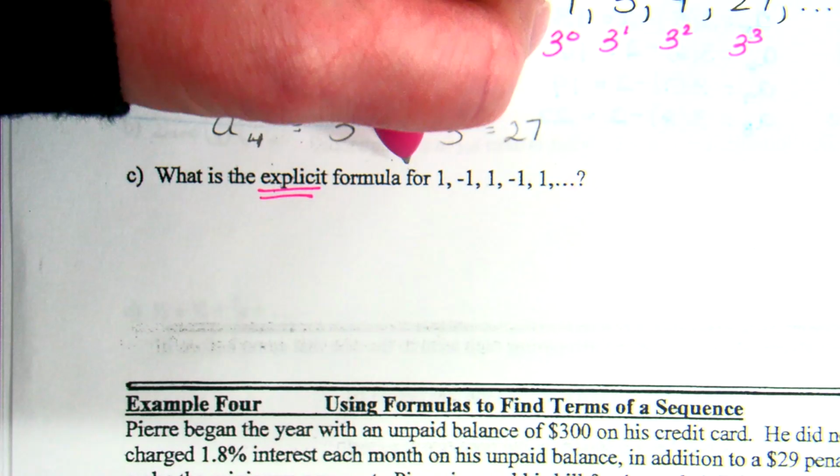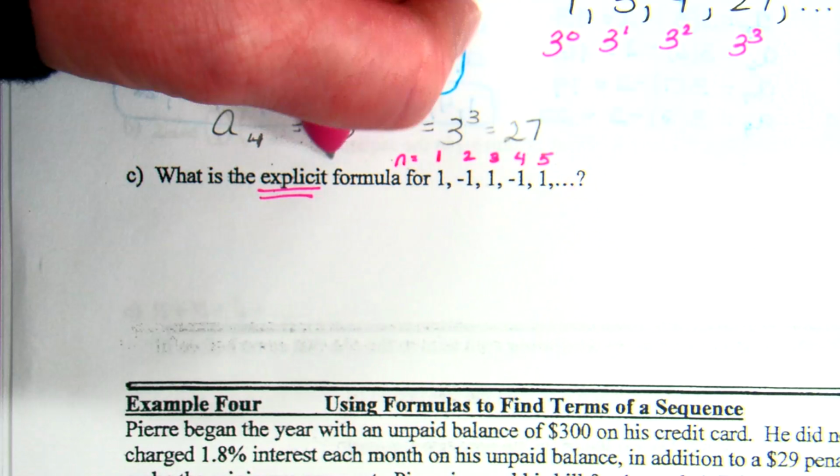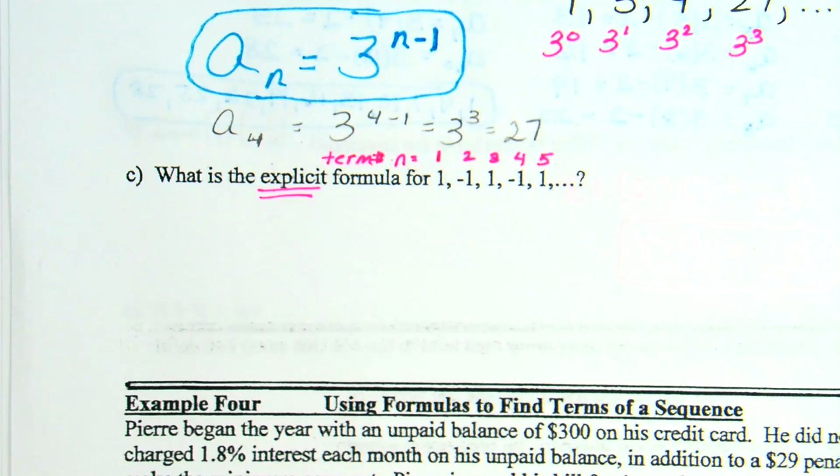Those are the term numbers there. We can't think just multiply by negative 1, just like on the last one we couldn't think multiply by 3, could we? We had to change our thinking.